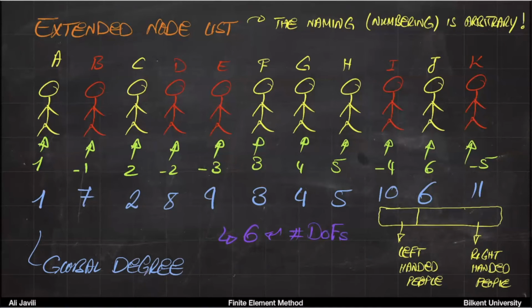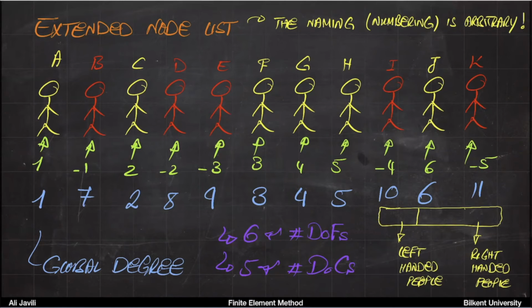Degrees of freedom, we call them DOF. So 6 is the number of degrees of freedom. 5 is the number of degrees of constraint, we called them previously, right? Because -5 is the largest number. So minus means constraint, and the number just basically shows the location of that.